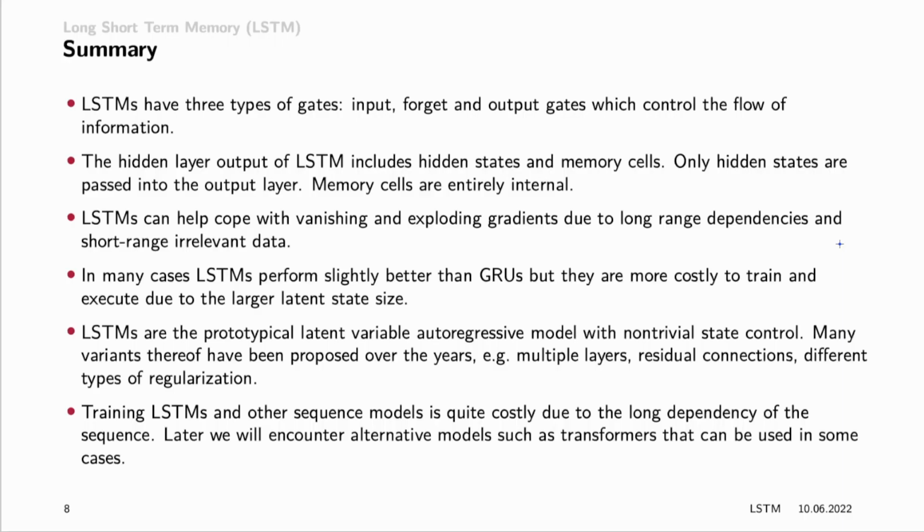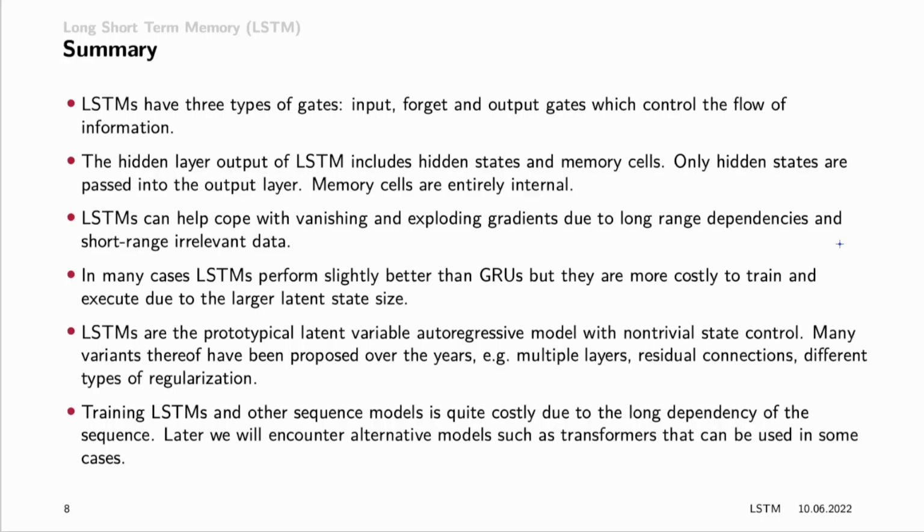So let's summarize. LSTMs have 3 different types of gate: input, forget, and output, which control the information flow in the network. The hidden layer output of LSTM includes hidden states and memory cells, but only hidden states are passed into the output layer. Memory cells are just internal, so they're only used to pass information from cell to cell.